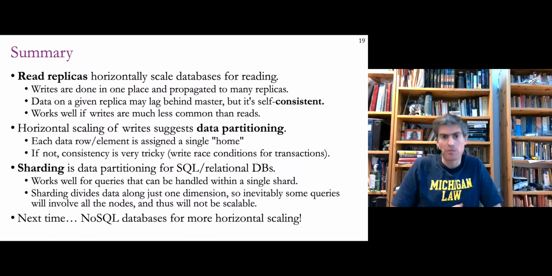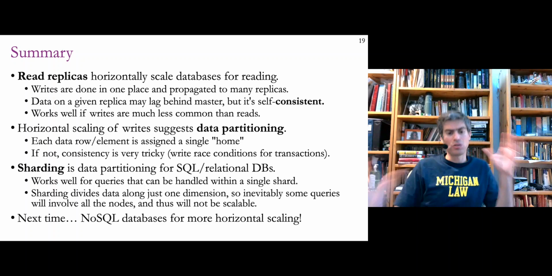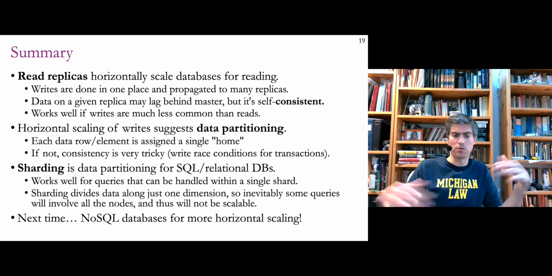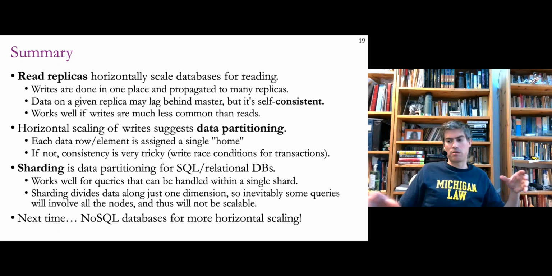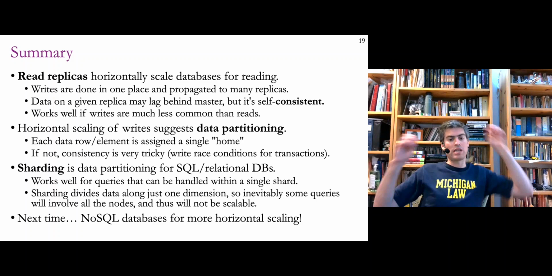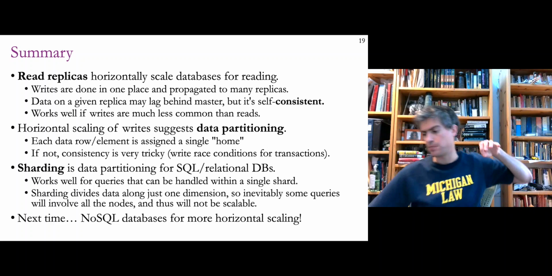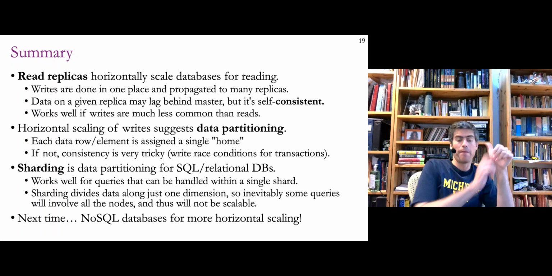All right, so to summarize today's lecture on relational database scalability, I showed basically two big approaches to making these relational databases scalable. The first one was read replicas. These are both horizontal scaling approaches. With read replicas, we added a bunch of read-only copies of the data. Writes happened in a master node, and those were propagated down to the read replicas. This was a useful approach because first of all, it's really simple, right?